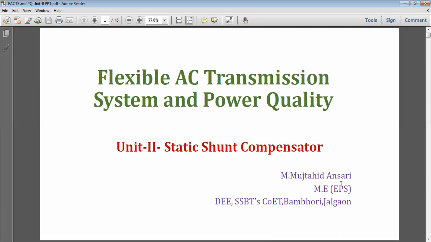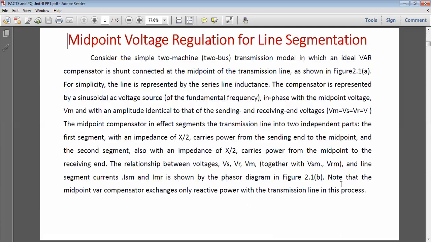So the shunt compensator may be a capacitor or a reactor, and this may be electronically controlled with proper control. Then it becomes a shunt FACTS device connected into the transmission line.